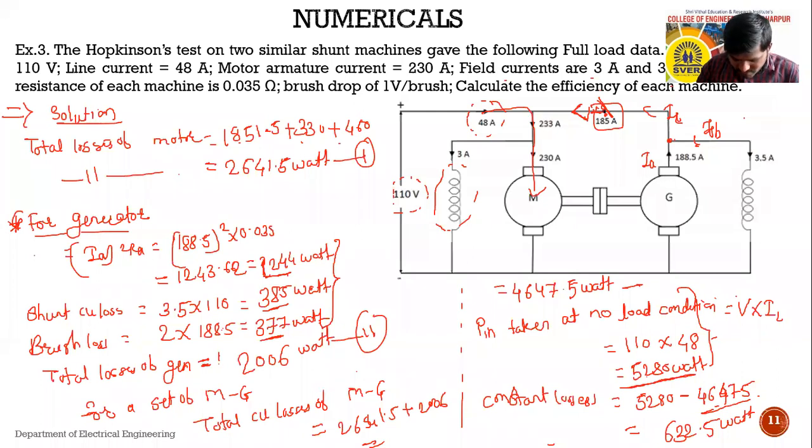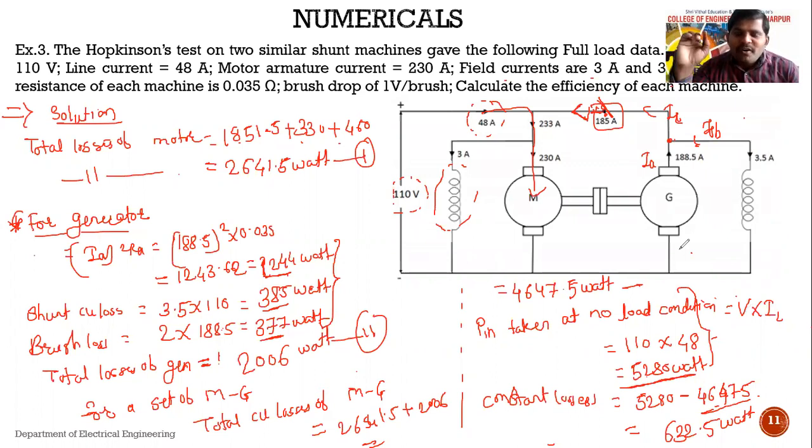Both machines. हाँ, बोथ मशीनचे केले. Power taken at the no load condition, so both machine it will be take because there is a direct coupling. Generator run करण्यासाठी पण मोटर काहीतरी power घेते, so that these losses came for both machine or MG set.